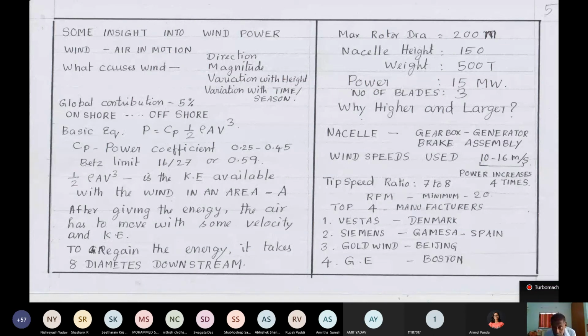See, the first one is Vestas. They are, I think, headquartered in Denmark. And as I told you, traditionally, Denmark and Netherlands had been using a number of windmills from maybe the 13th or 12th century, because very early novels are there about windmills.